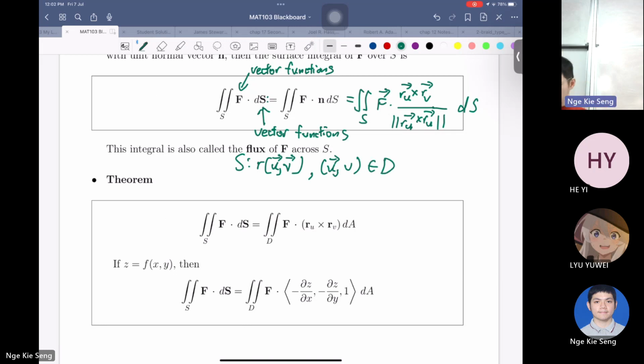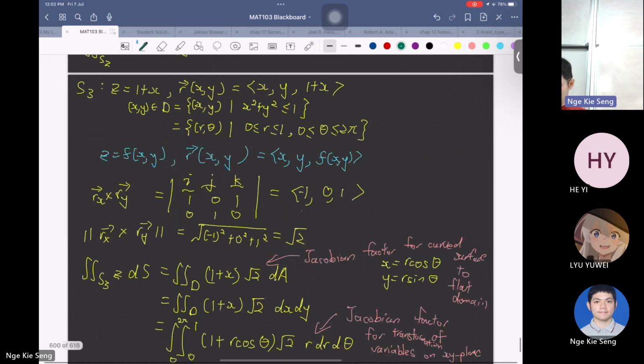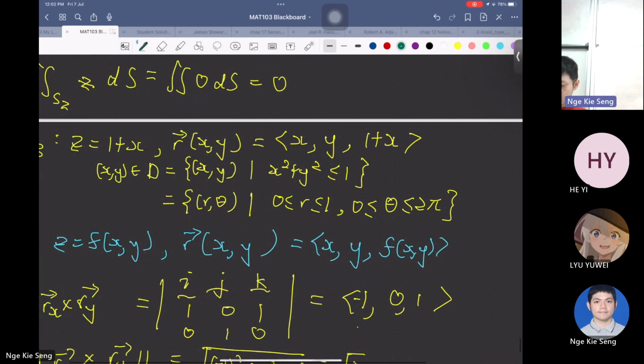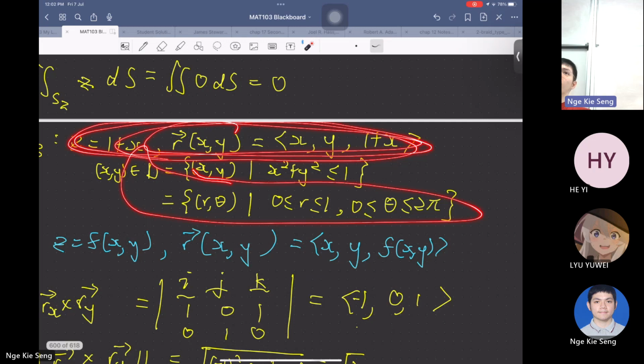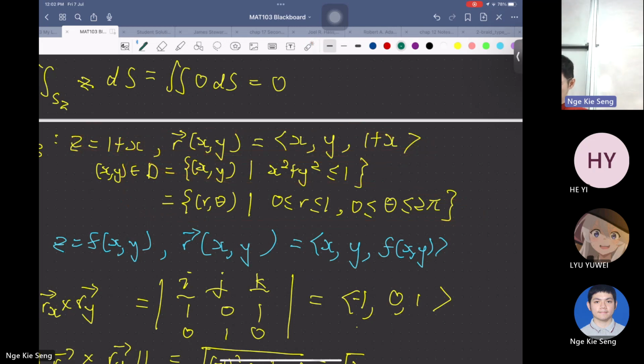Let me recall the example. We have this surface, this plane. What's the domain that defines my plane? Where does my xy lie?